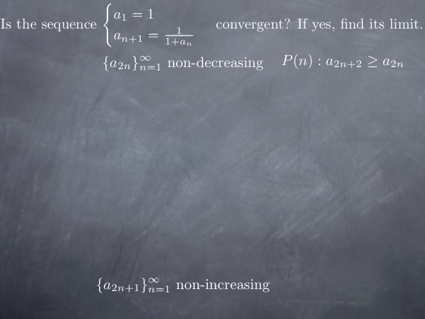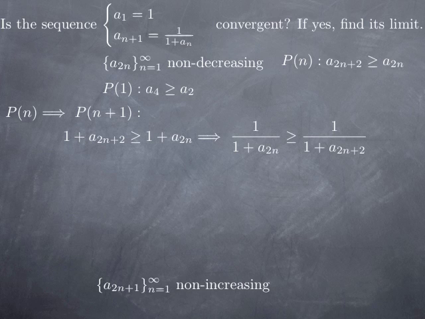So to show that by induction, we first need to show P1, in other words, that a4 is greater than a2, and that we have already checked. On the other hand, we need to show that if the property is true for n, it is true for n plus 1. In other words, we want to show that if a(2n+2) is greater or equal to a(2n), then a(2n+4) is greater or equal to a(2n+2).